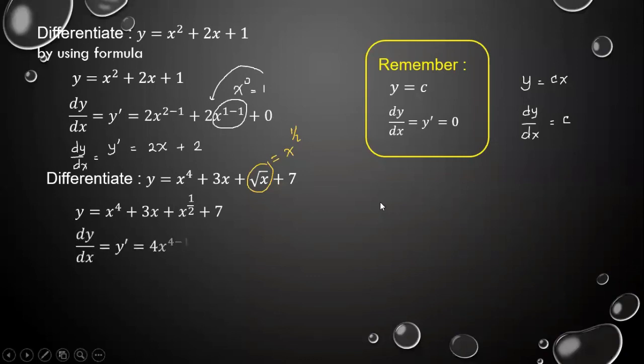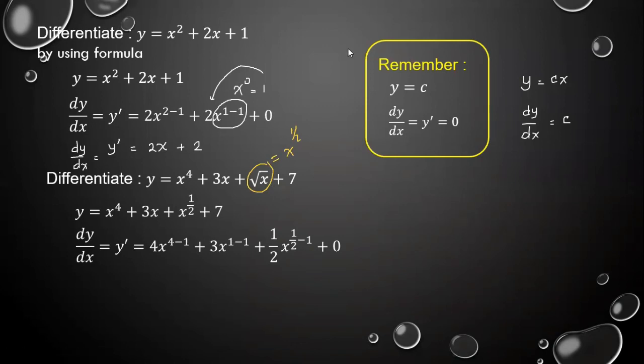Next, dy over dx equals y accent equals 4 times x to the power of 4 minus 1, plus 3 times x to the power 1 minus 1, plus a half times x to the power of half minus 1, plus 0.